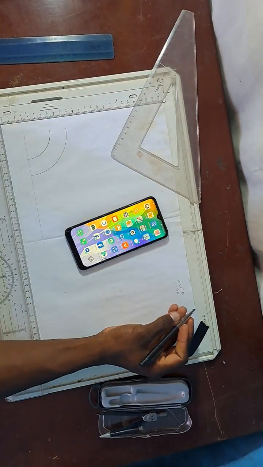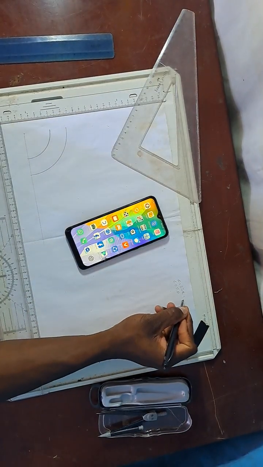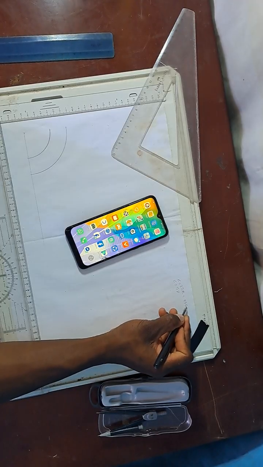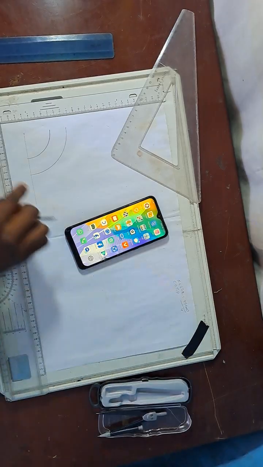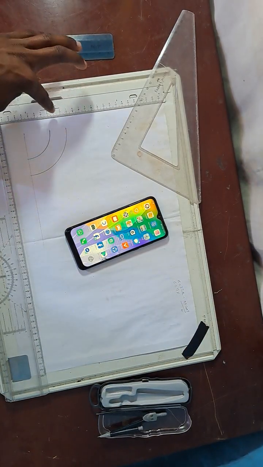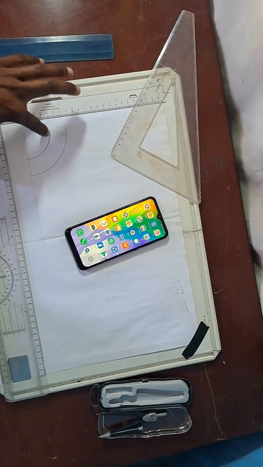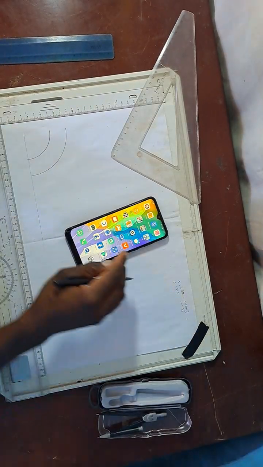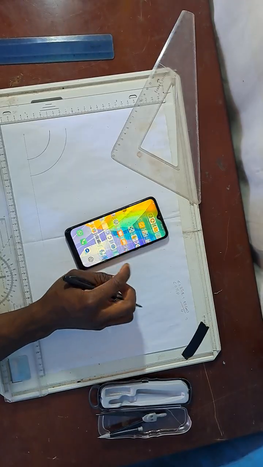So we're going to say 2 pi r is 2 pi 40. You divide this by 4, because here we are only using the first quadrant. It's not a full circle, it's only the first quadrant.